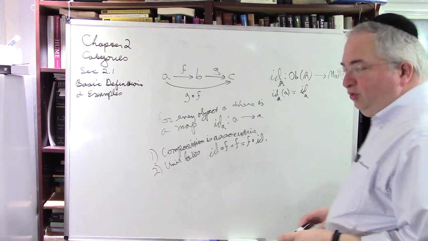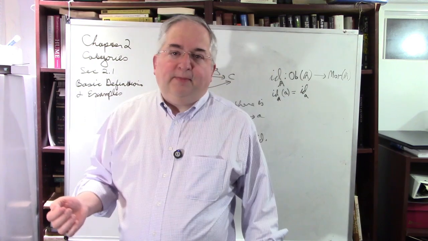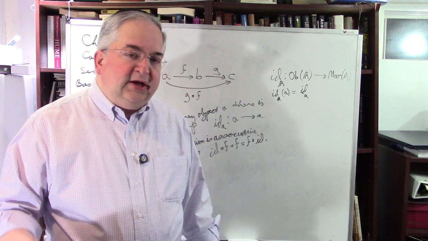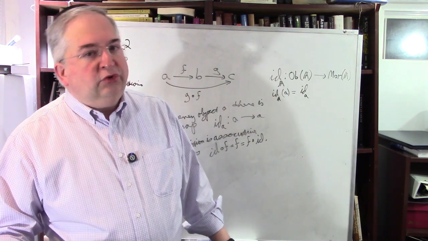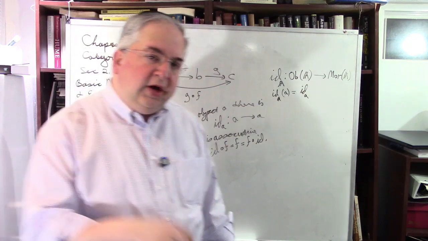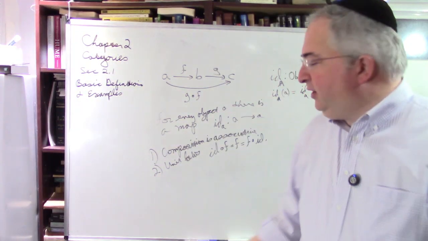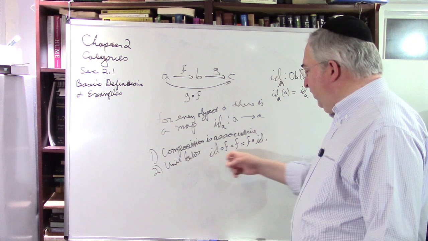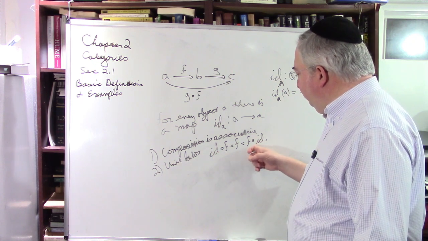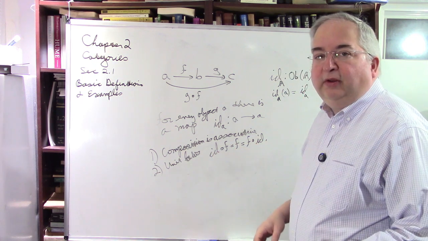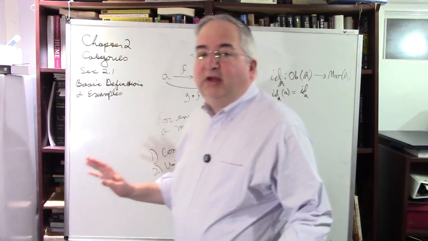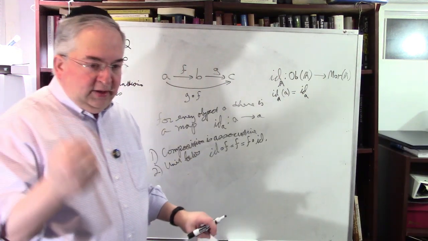Okay, this is true. So any time you have a map, you compose it with an identity on this side. In other words, you do nothing to it beforehand, you do nothing to it afterwards, and you get back the original thing. That's it. That's the definition of a category. Let's just reiterate.